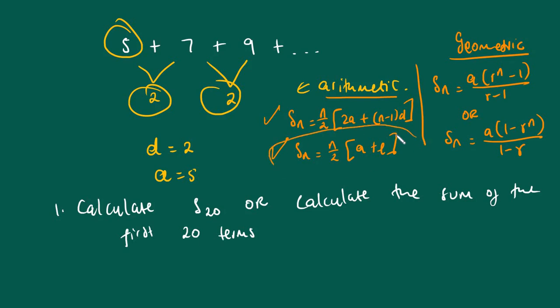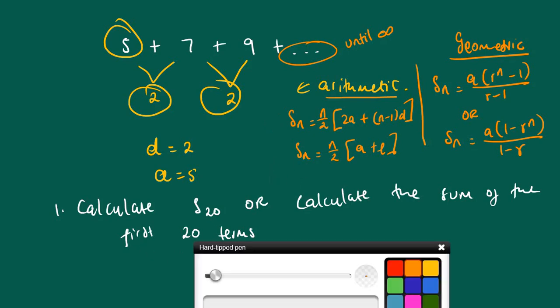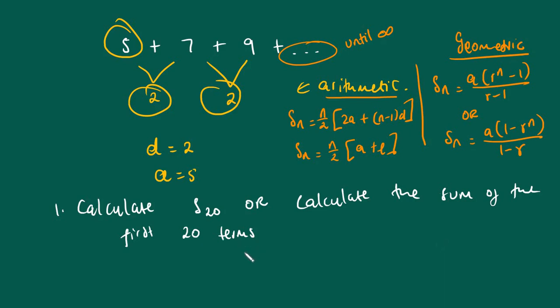This one I use if I know the last term, but here I don't know the last term because the 3 dots means until infinity, right? So I can't use this one. Rather I'll have to use this one. So when I use that one, I'll then say the sum of n equals n over 2 into 2a plus (n minus 1)d.